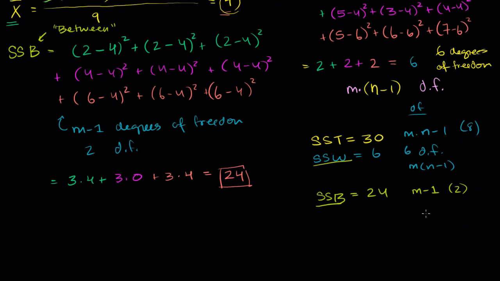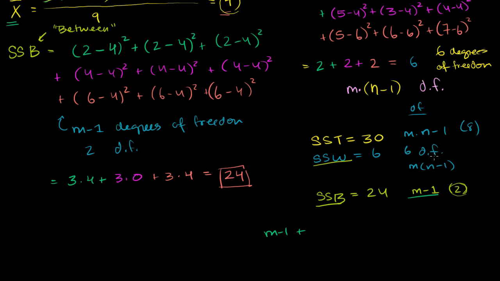And even the degrees of freedom work out. The sum of squares between had 2 degrees of freedom. The sum of squares within each of the groups had 6 degrees of freedom. 2 plus 6 is 8. That's the total degrees of freedom we had for all of the data combined. It even works if you look at the more general case. So our sum of squares between had m minus 1 degrees of freedom.